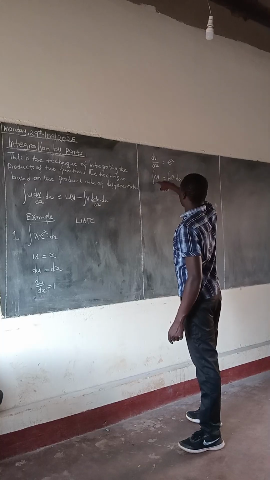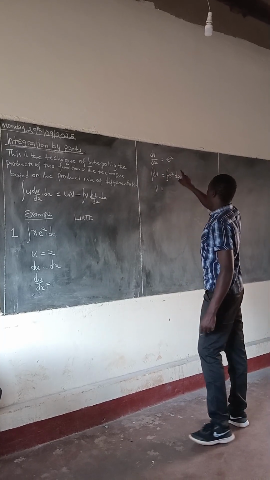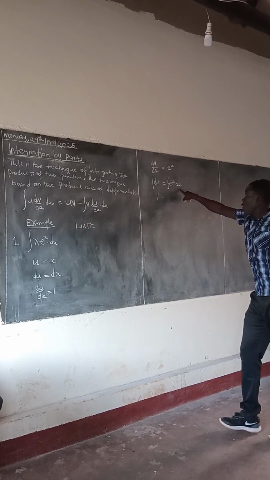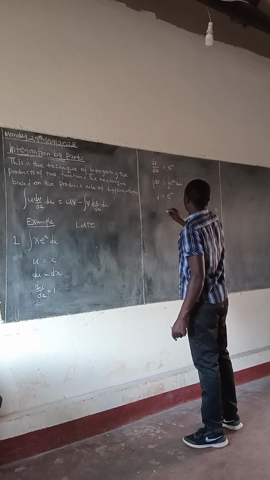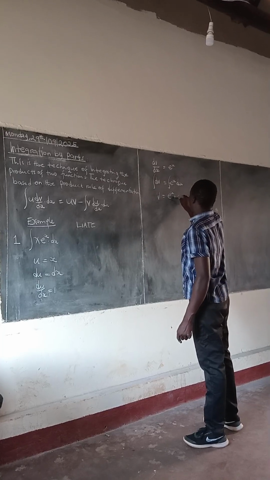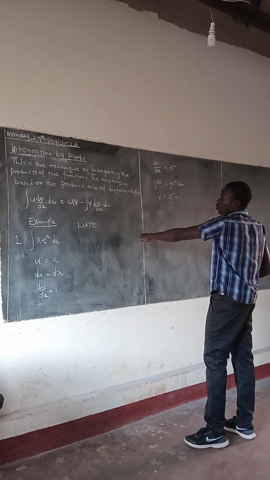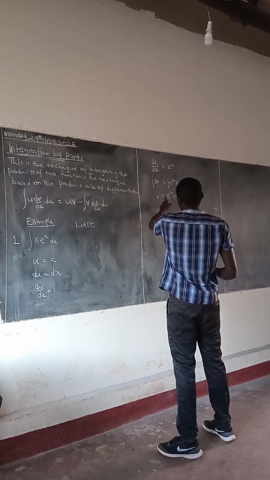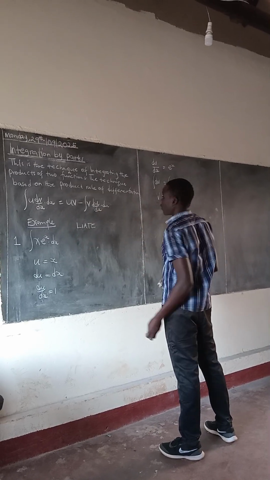When you integrate e^x with respect to x, we get e^x plus the constant of integration. But this constant of integration, you're not going to consider when you're substituting the values of v and du/dx into the formula.